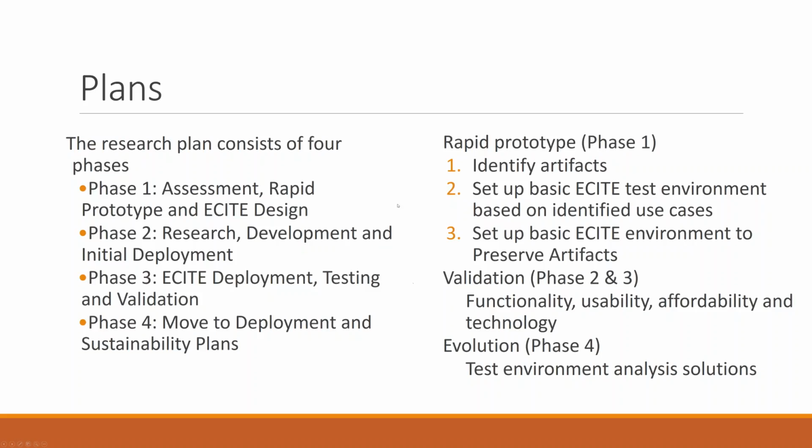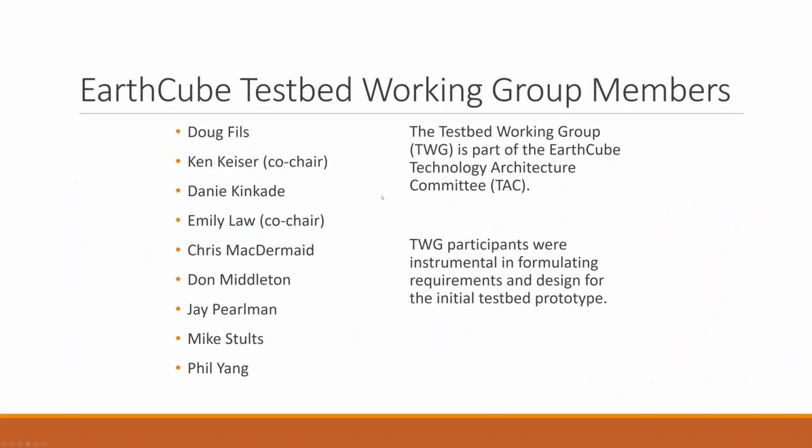This is a part that I showed on the open science framework that Ken is working on. A lot of people have been contributing to this effort. This includes some of them from the EarthCube Testbed Working Group within the TAC, the Technology Architecture Committee.